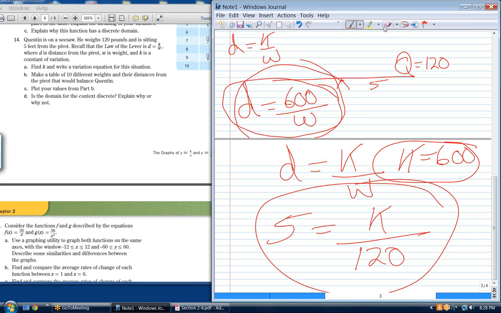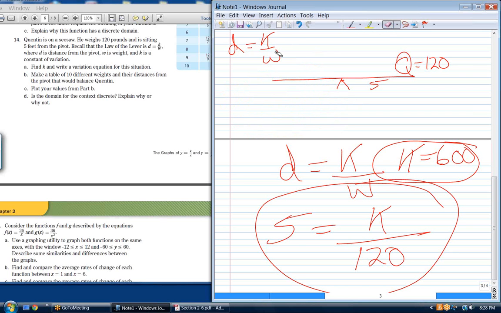In other words, if I had a weight at this point right here, also 5 feet, also weighing 120 pounds, that would balance them, right? Well, what if I had a weight 2.5 feet away, right here? How much do you think would be required to balance Quentin?